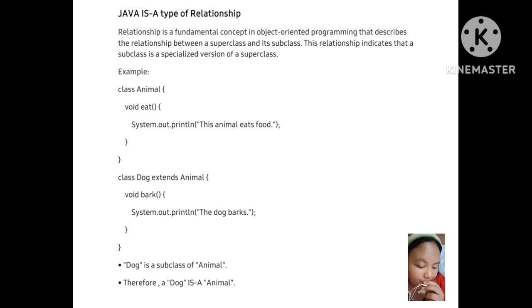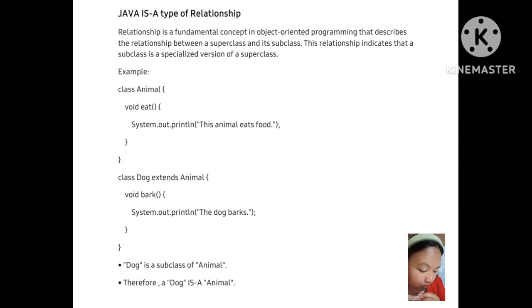An example is the relationship between animal and dog. It means the is-a relationship signifies that a subclass inherits from a superclass, meaning that the subclass is a type of the superclass.